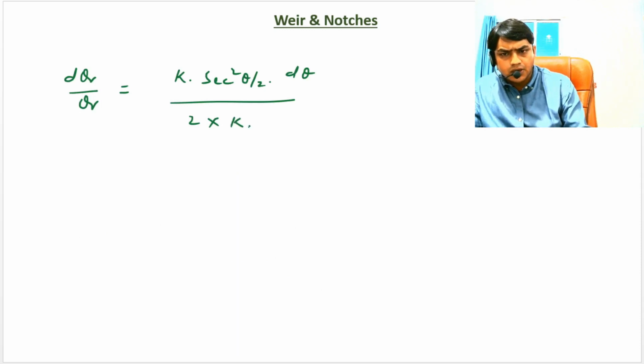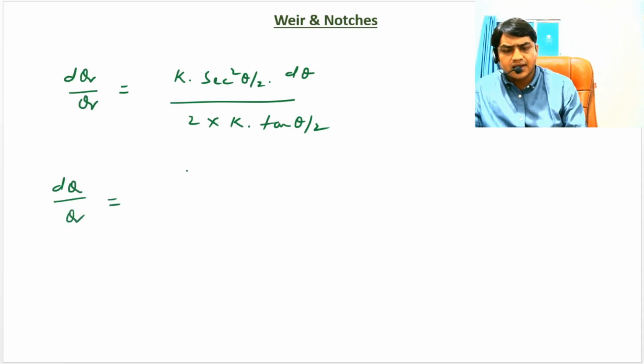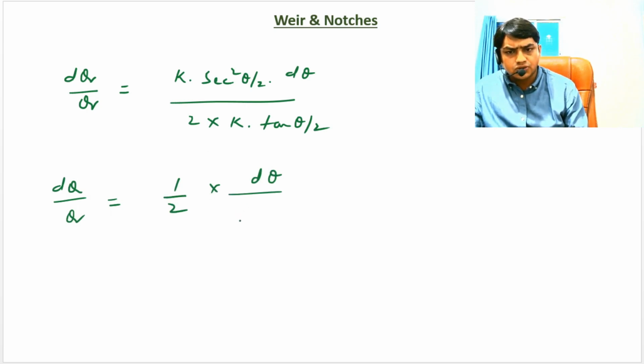K cancels, sec square theta can be written as 1 by cos square theta, so 1 by 2 into d theta divided by tan theta by 2, which is sin theta by 2 by cos theta by 2.